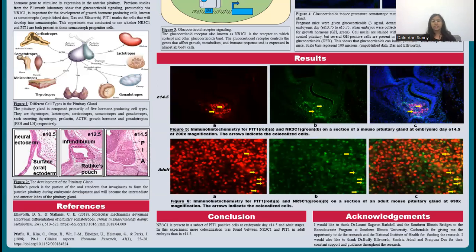So to conclude this, we can say that we found NR3C1 is present in a subset of PIT1 positive cells at embryonic day E14.5 and the adult stages. We can see that there has been more co-localization between NR3C1 and PIT1 in the adults than in the embryos aged E14.5.